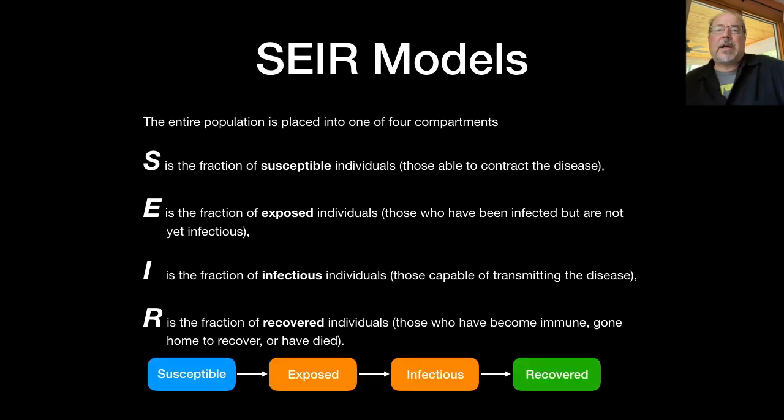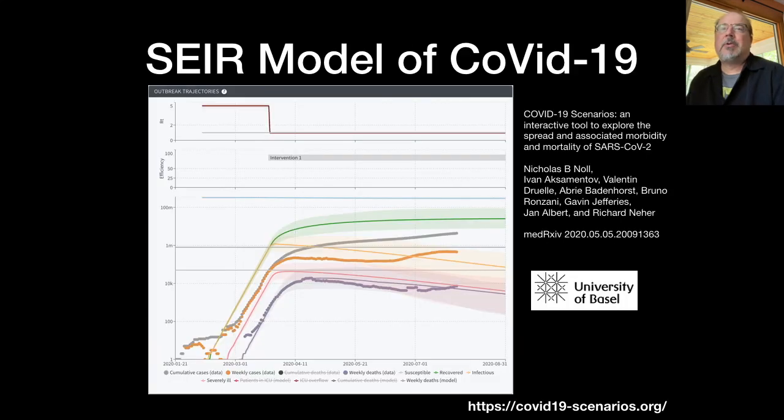So we can think of this as a simple flow chart going from susceptible to exposed to infectious to recovered, and there are differential equations that are used to solve for the rates of change between these different categories. Here we can see a result of this SEIR model that I'll be using in order to demonstrate what it might look like here at Bucknell.